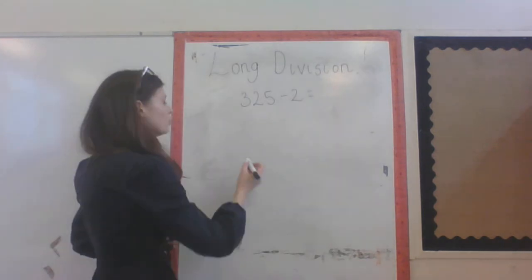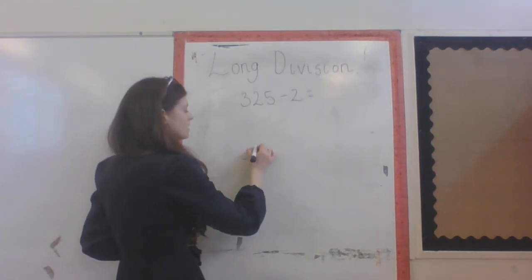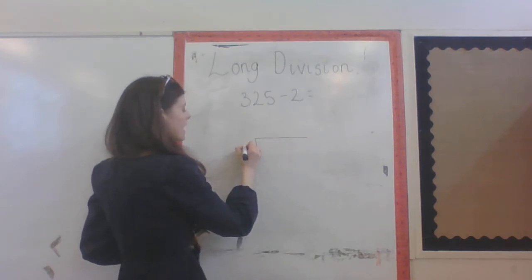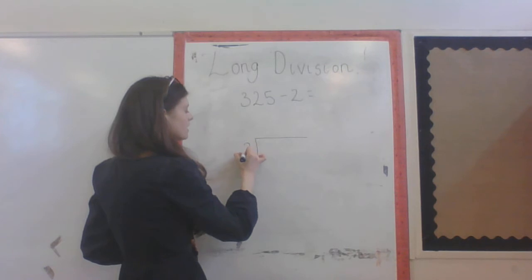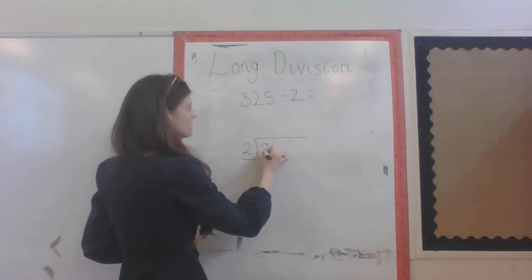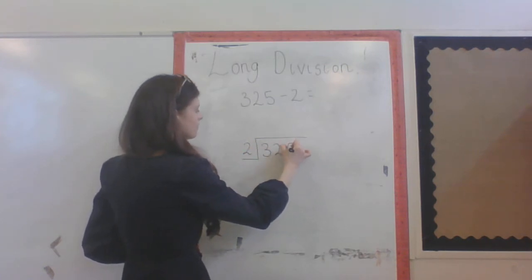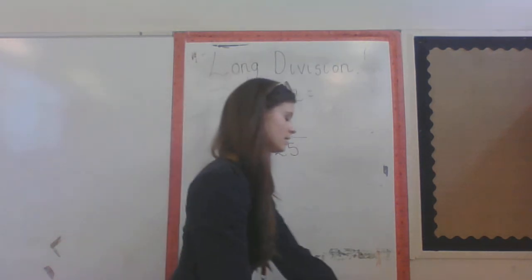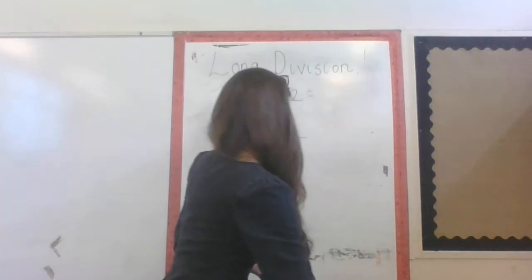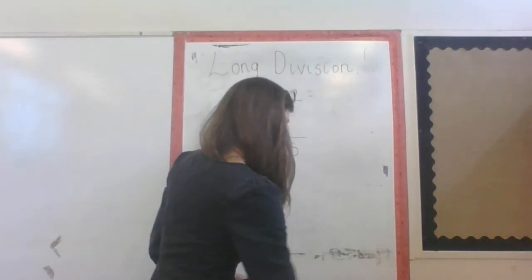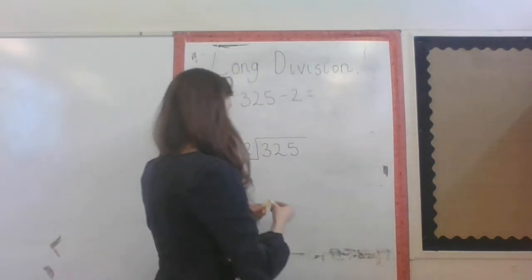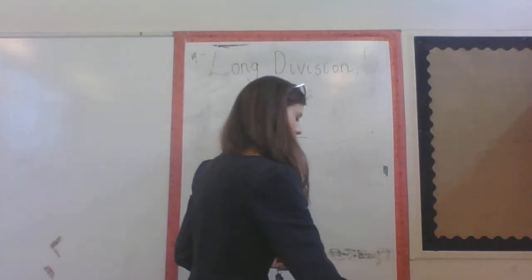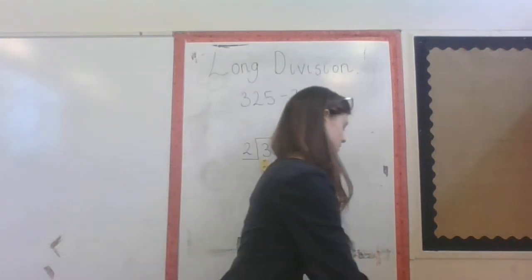Or maybe it could be anything, it doesn't really matter. So the long division method is creating this little shape, and what we do is we put the number that we're dividing by in here and the number that is getting divided in here. So this is where our Numicon comes in really handy. You've got 3, so that is counted as 300.